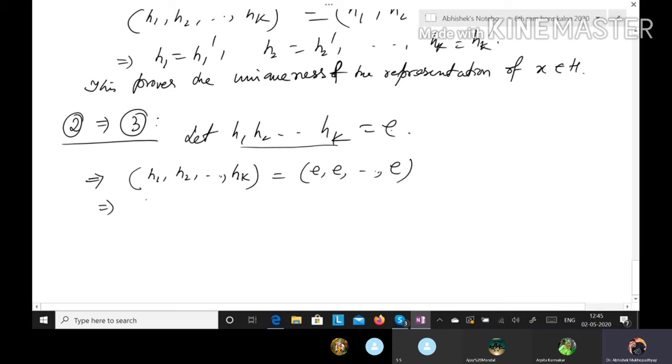Since they are ordered pairs, each of H1, H2, ..., Hk is the identity. There is no other possibility.